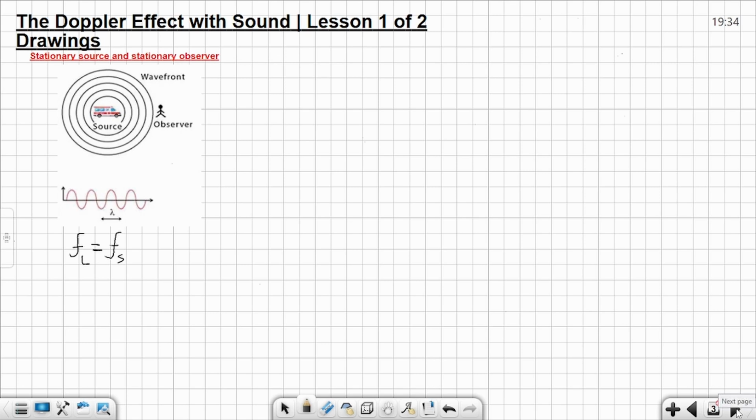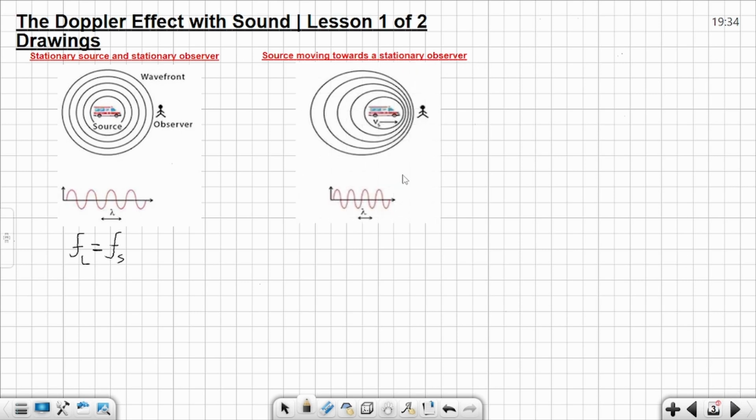Now let's look at the second scenario. The second scenario is when you have a source moving toward a stationary observer. Let's see the drawing. Now the ambulance is moving toward the observer. As the ambulance is moving toward this stationary observer, the observer will perceive a higher frequency.